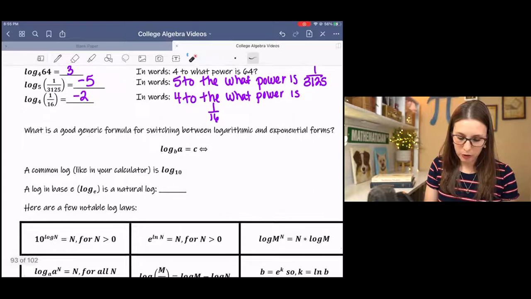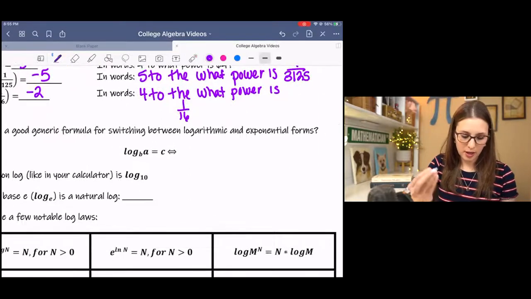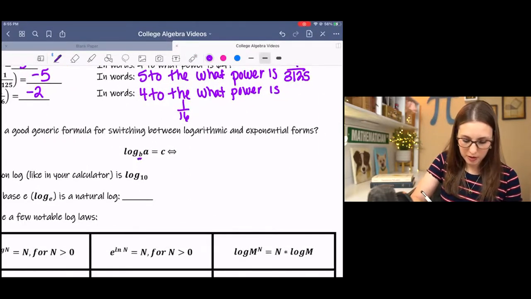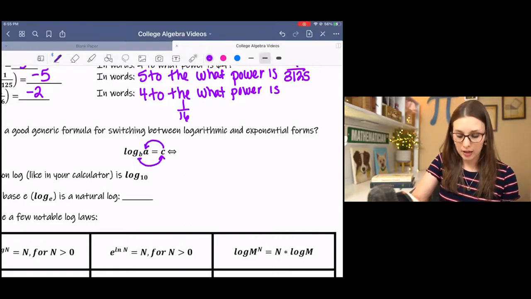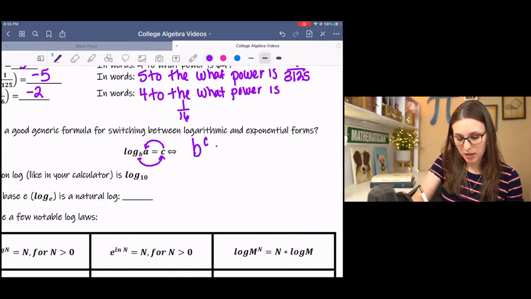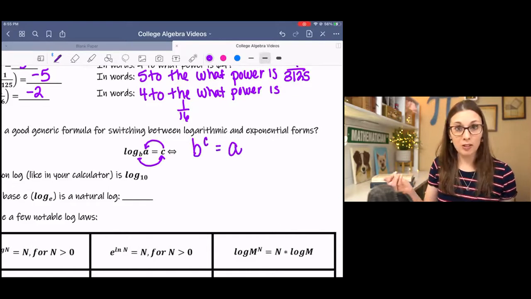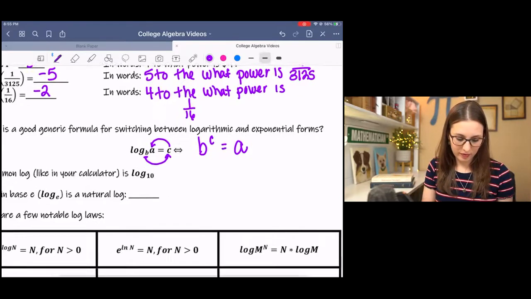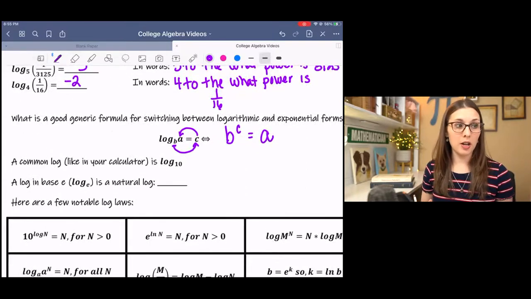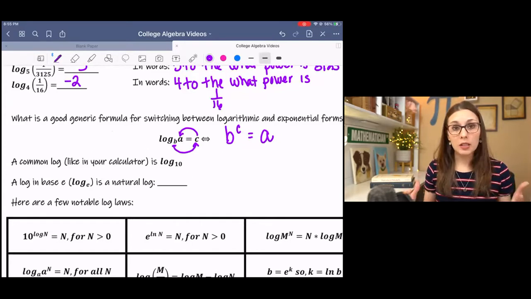A good generic formula for this is you start at the base B, raise it to the C, and you'll get A. So B to the C equals A. That's all. A common log, like in your calculator, is log base 10. We don't normally write 10.